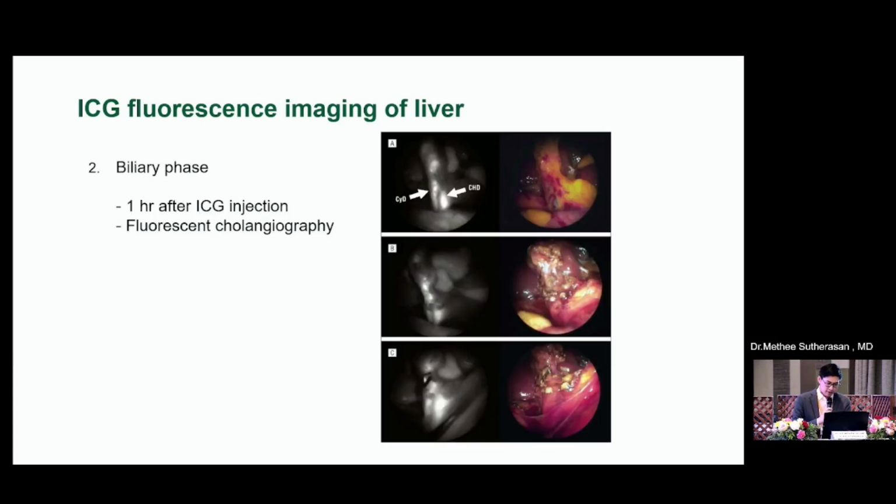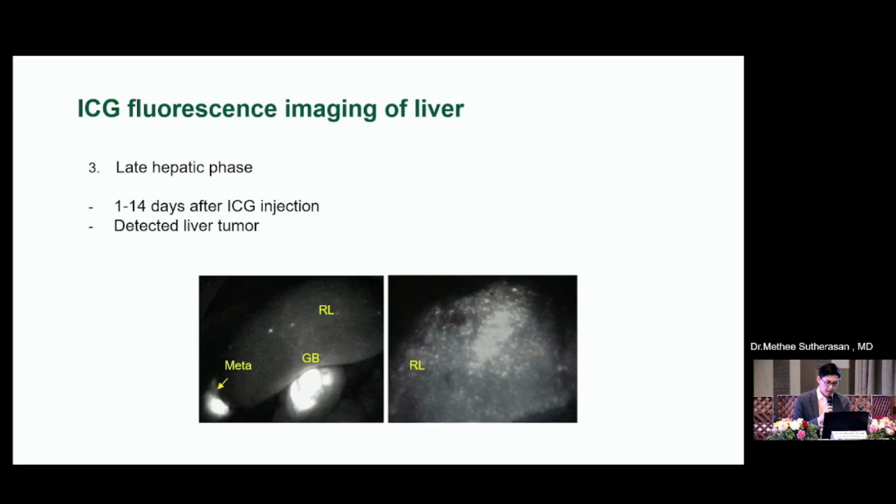The second phase is the biliary phase, as I said. The last is the late hepatic phase. This phase has a very wide range, because ICG can be detected in the liver around 1 to 14 days after injection.